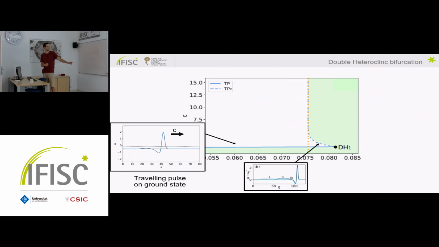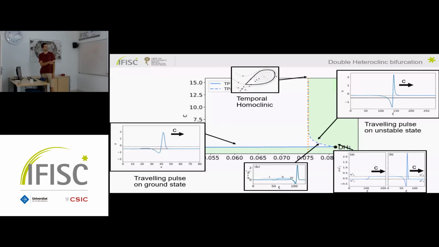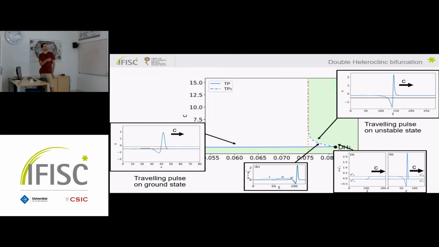When they start approaching this point here, they start to develop this plateau on the back until we arrive there, and we have these two fronts facing each other. No? This description I just told. After that, this other line appears. Okay, this dotted line here. That is the other solution, no? The solution where we have a traveling pulse, but on the unstable state.